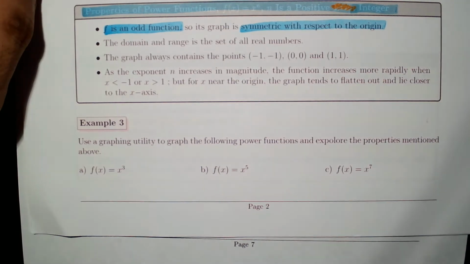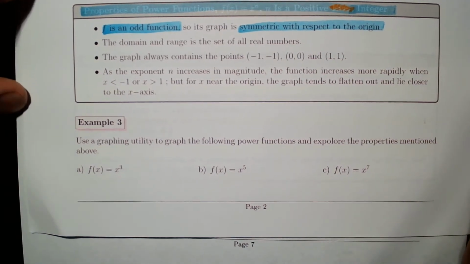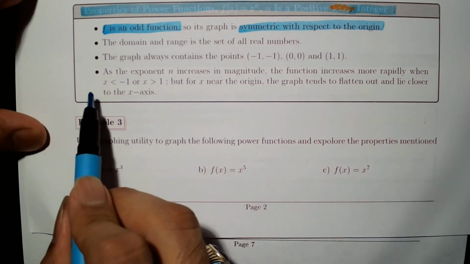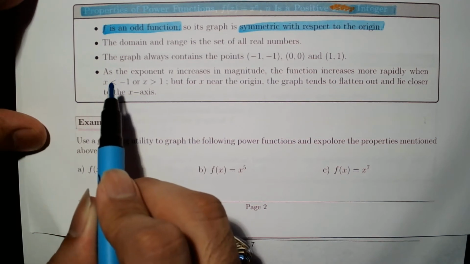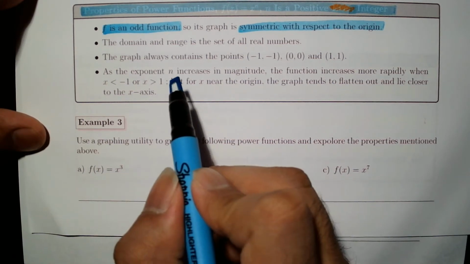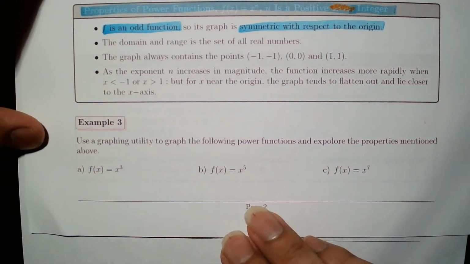So the numbers start getting bigger more rapidly for higher powers. And again, it gets steeper for x greater than 1 and less than -1, and gets flatter as we get closer to the origin.